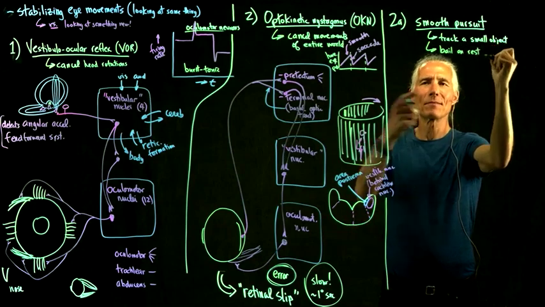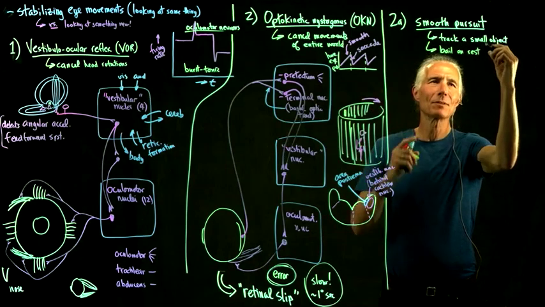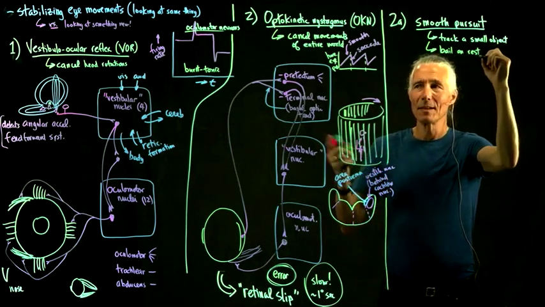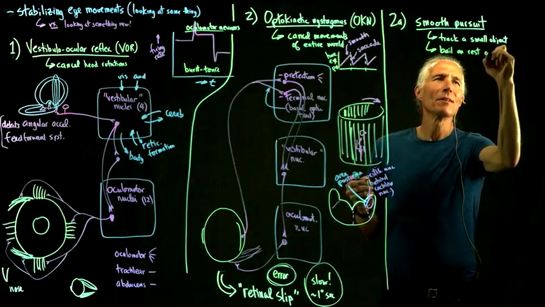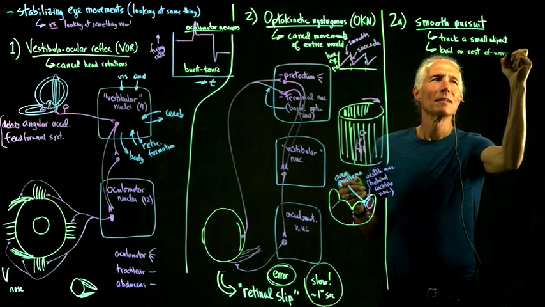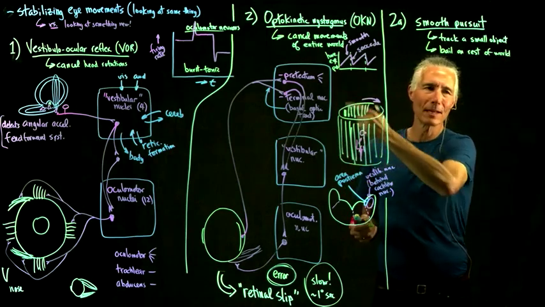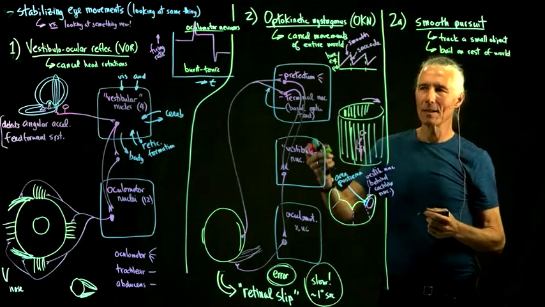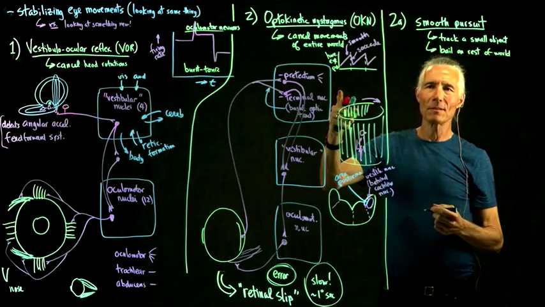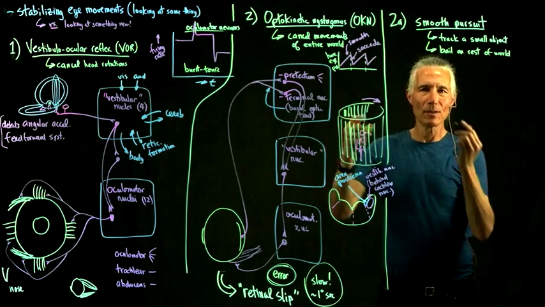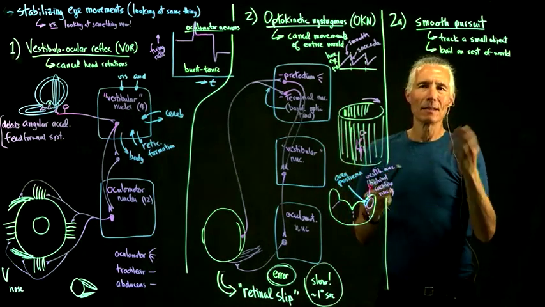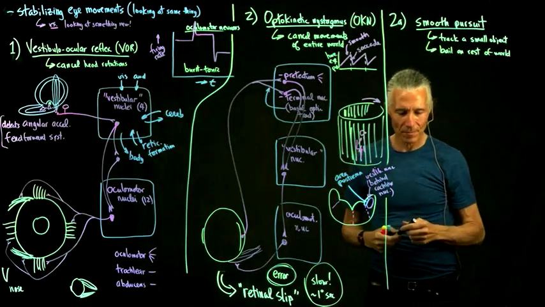If you're tracking a small object, 99% of your visual field is going to be moving around. So if you do this one, it's got to somehow cancel optokinetic nystagmus, because otherwise that signal would see, I just saw the whole world move as you tracked that object, and so I'm going to have to somehow deal with that.